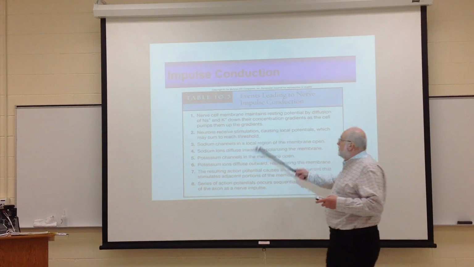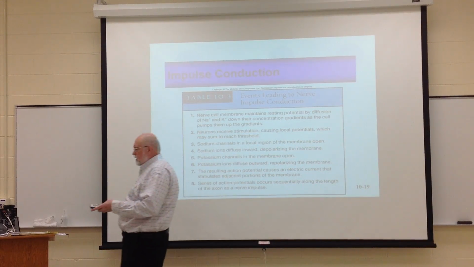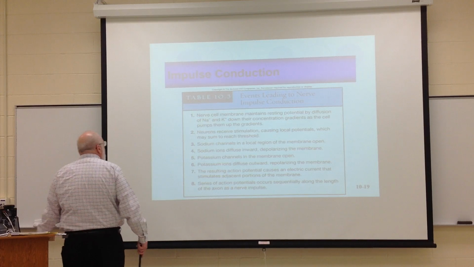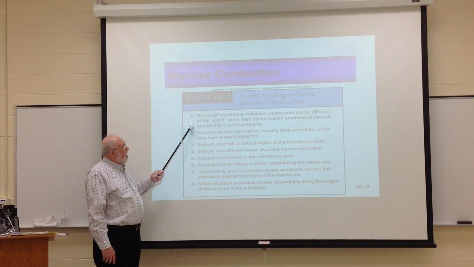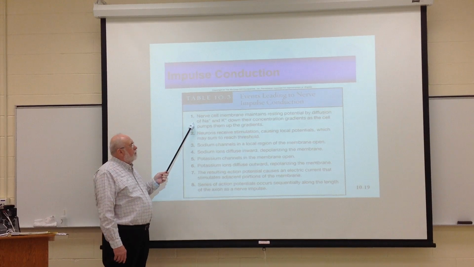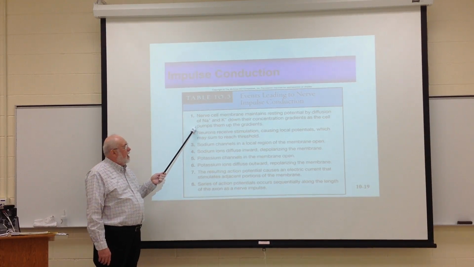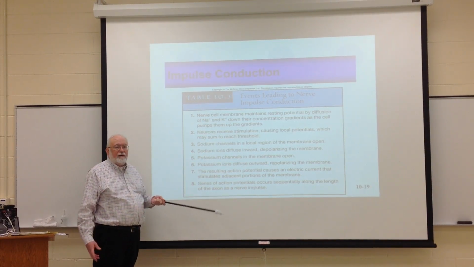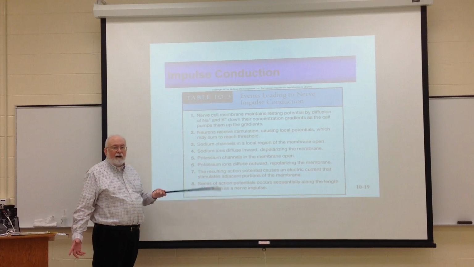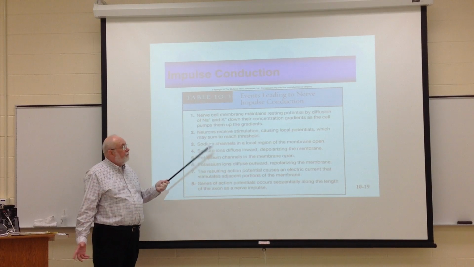So let's take a look at this little summary table. I don't think this really printed out in the outline, but you can go get it. This is the same stuff we've already said. The nerve cell membrane maintains the resting potential by diffusion of sodium and potassium down their concentration gradients as the cell pumps them out to maintain the gradients. And what maintains the gradient? The sodium-potassium pump.